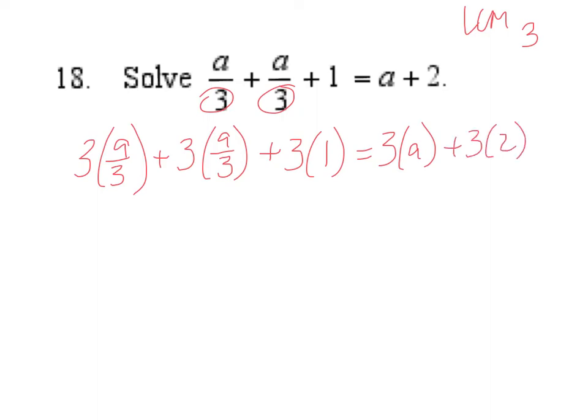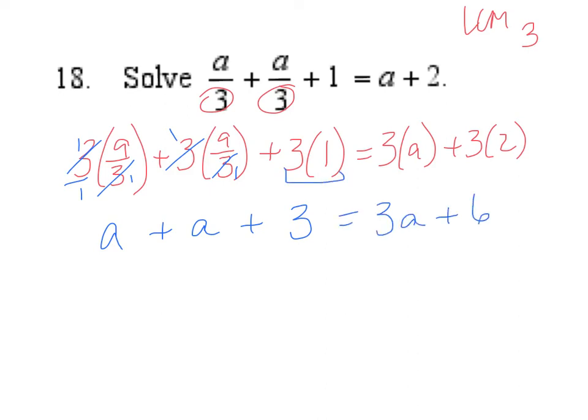Okay, so then I can cross cancel the 3's and make those 1's in those two situations. So I'm left with A plus A plus 3, because 3 times 1, equals 3A plus 6.